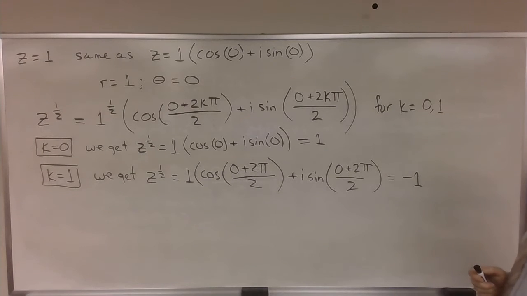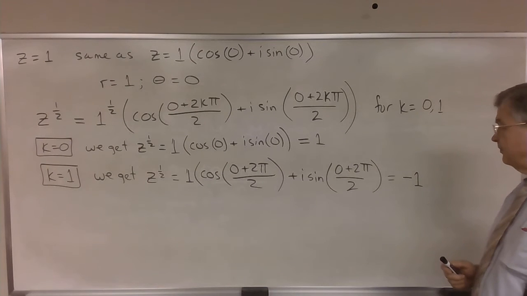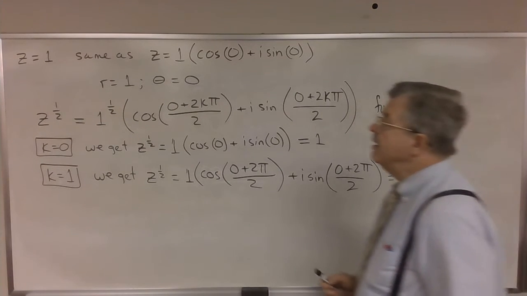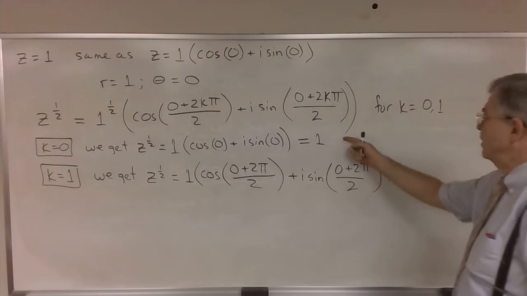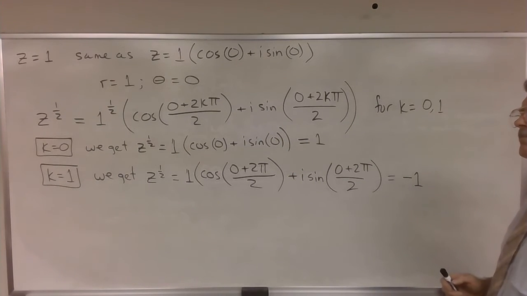So in this example, our formula correctly gives us that the square roots of z equal 1 are 1 and -1.